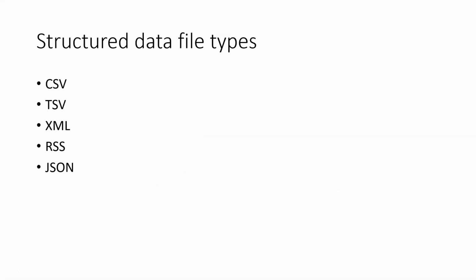So this is something about structured data file types. Remember, this is a structured data file type. It's structured because each file type has its own specific structure, no matter whether CSV, TSV, XML, RSS or JSON. So now we have an idea about the most popular structured data file types and how they represent data.